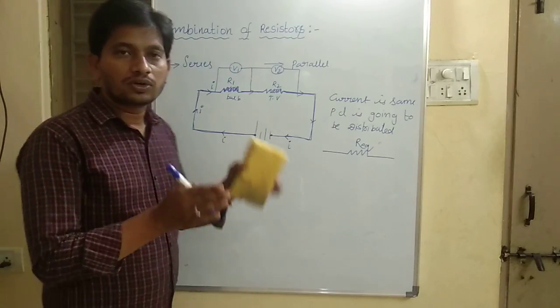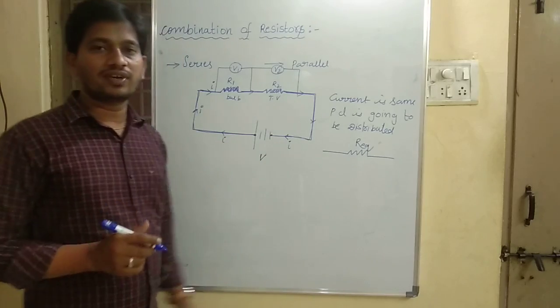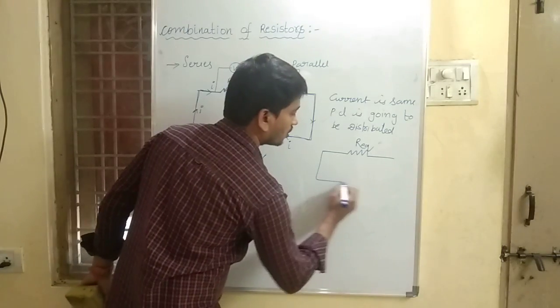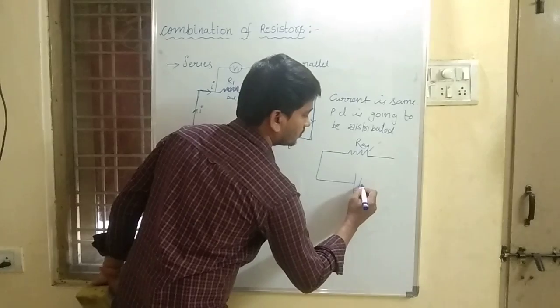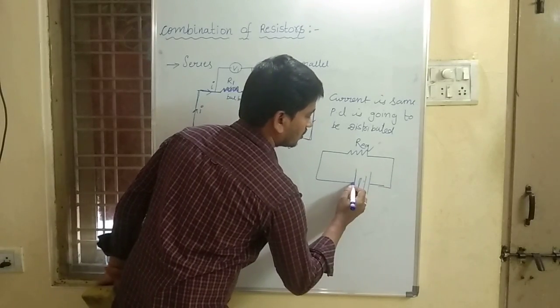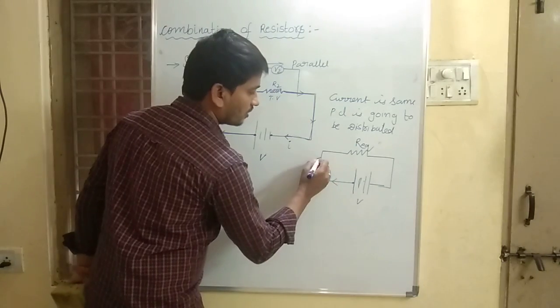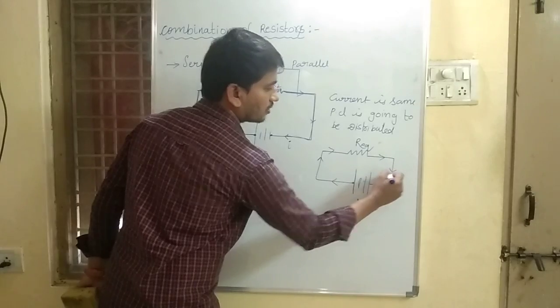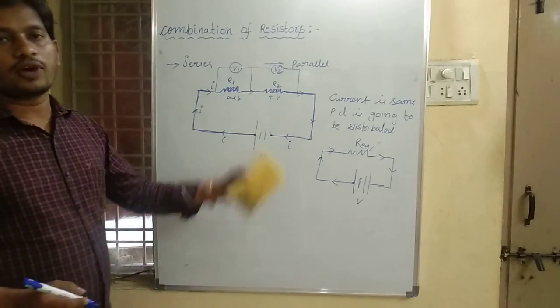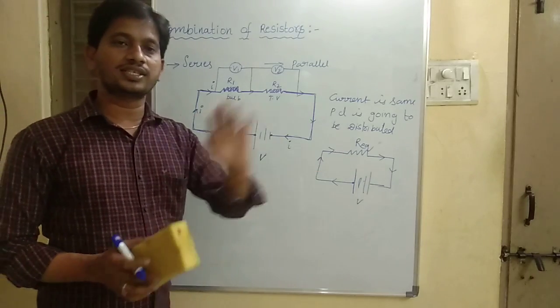Here is a battery which maintains potential difference V, so current will flow like this. Now we will derive the formula for the combination of resistors connected in series.